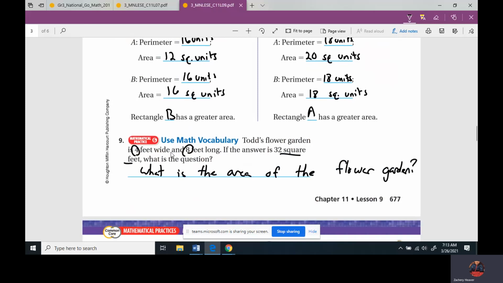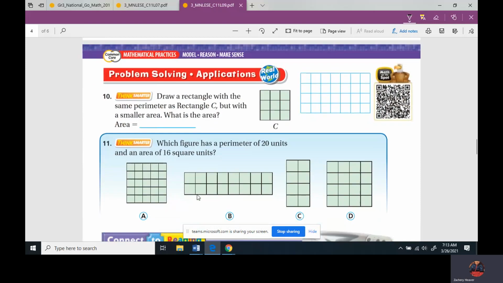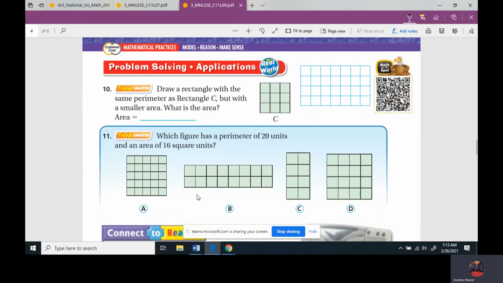Down at the bottom, it says, draw a rectangle with the same perimeter as C, but with a smaller area. So 1, 2, 3, 3, 3, and 3. So 3, 6, 9, 12. We have 12 to work with.